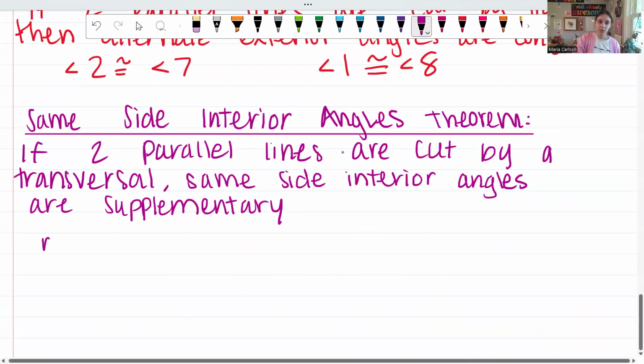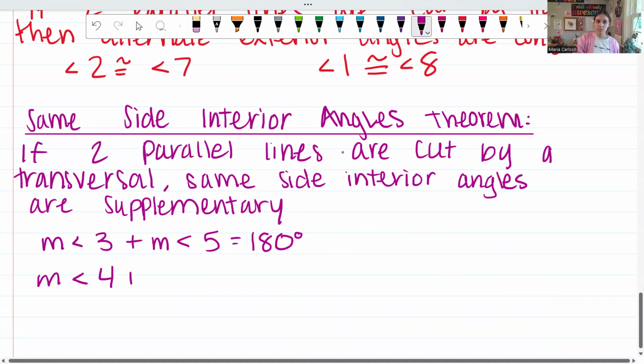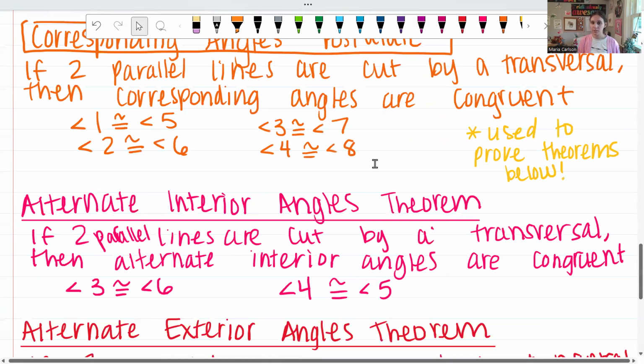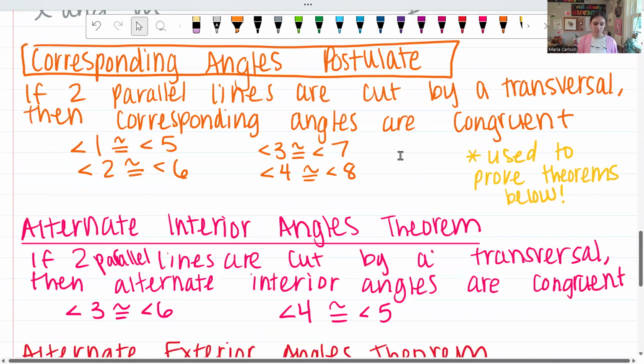So the measure of angle 3 plus the measure of angle 5 is 180 degrees. The measure of angle 4 plus the measure of angle 6 is also 180 degrees, since those are our two pairs of same side angles.